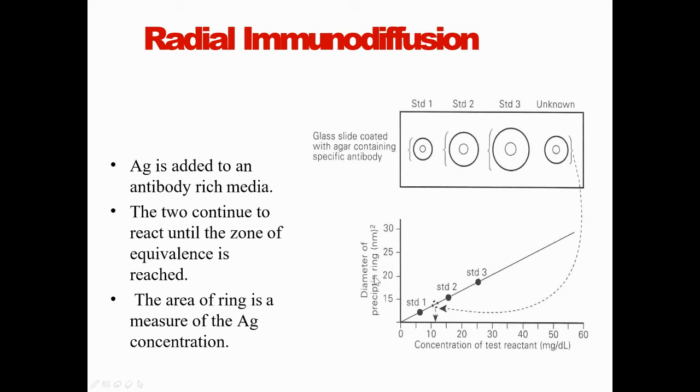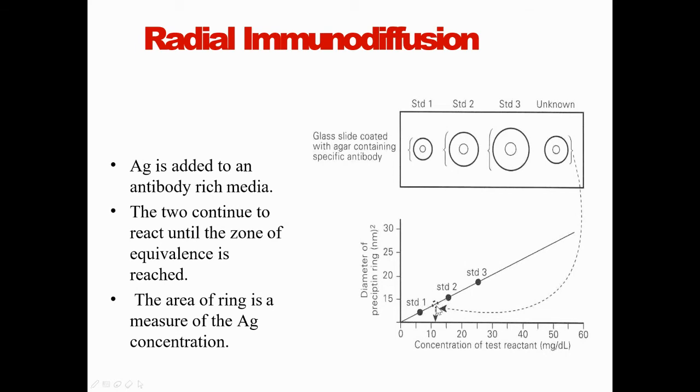So the diameter of the precipitin ring, just look into it. So 10, and then it will go to 15, and then 25, like this. The concentration of the test reactant will be calculated with this curve. The unknown is nothing but the test one. So we can get that ring at this level.